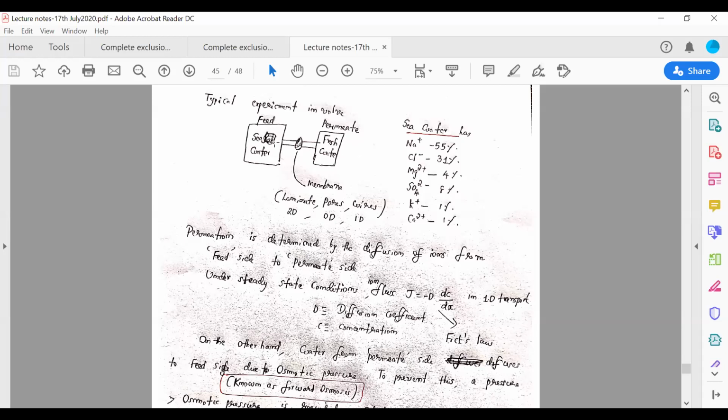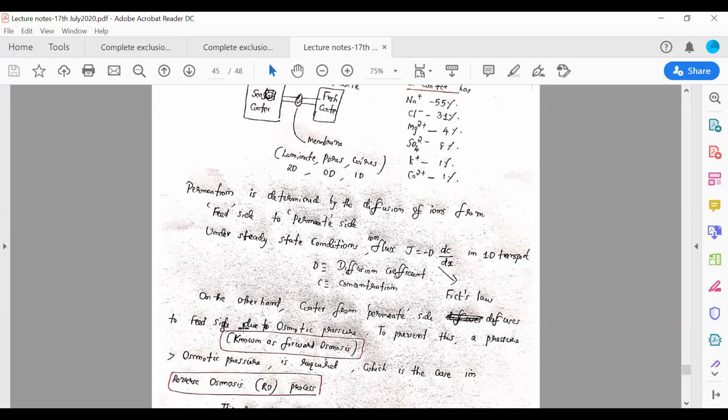So against this osmotic pressure, because there is an osmotic process involved, and this osmotic pressure actually pushes water from this side to this side so that the water level is the same. We say there is a chemical potential difference, and that is why there is a mixing of water. But we want to prevent this. So an equivalent pressure is applied from this side so that this mixing is avoided.